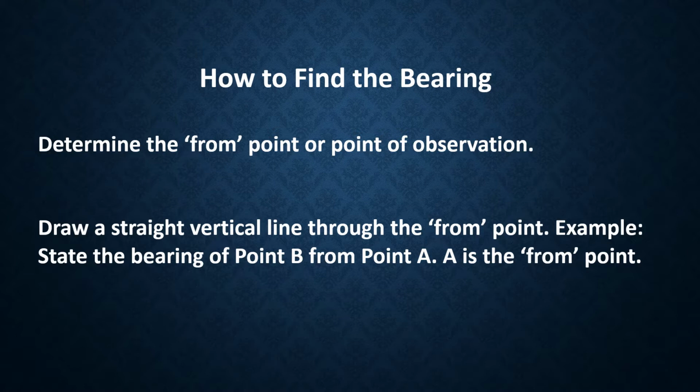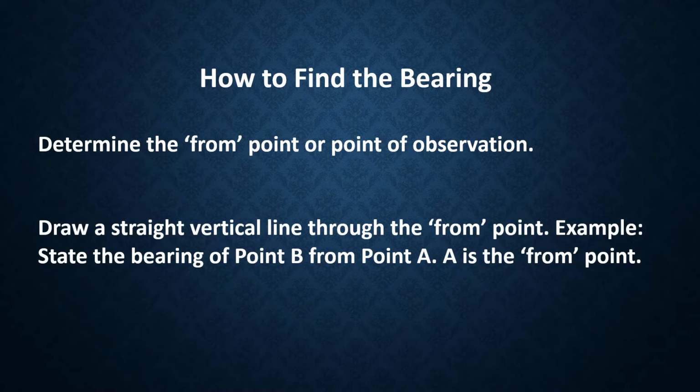So obviously point A is going to be our point of observation, or simply our from point. It is where we're going to stay to find the bearing of point B, because we want to know the bearing of point B.